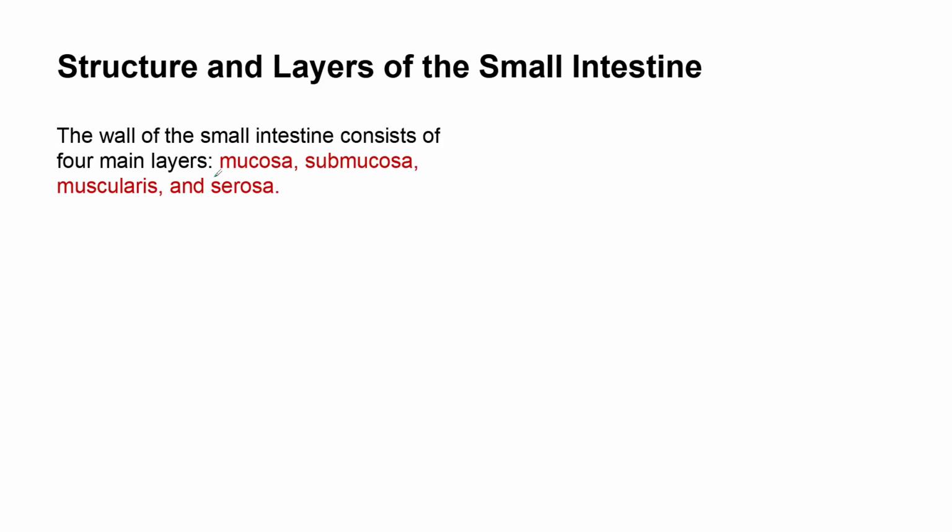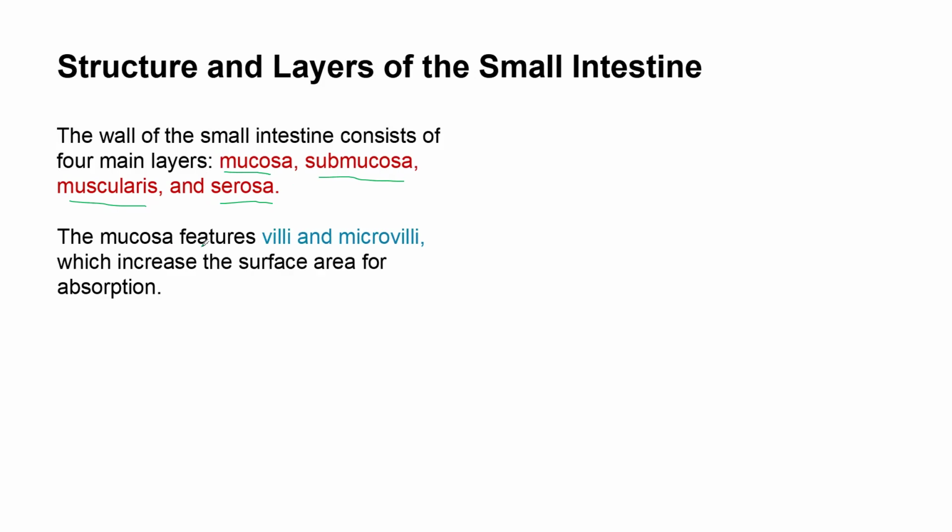Next, the structure and layers of the small intestine. The small intestine consists of four main layers, which include mucosa, submucosa, muscularis, and serosa. The mucosa, which is one of the layers of the small intestine, features villi and microvilli.